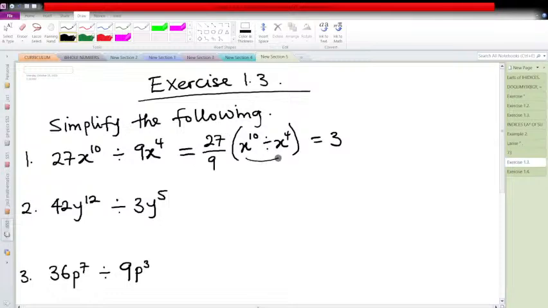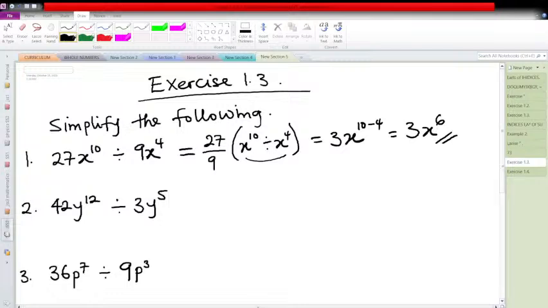So as to enable me solve them better. So 27 divided by 9 is 3, and x raised to the power of 10 divided by x raised to the power of 4. Now it's x raised to the power of 10 minus 4, which is equal to 3x raised to the power of 6.